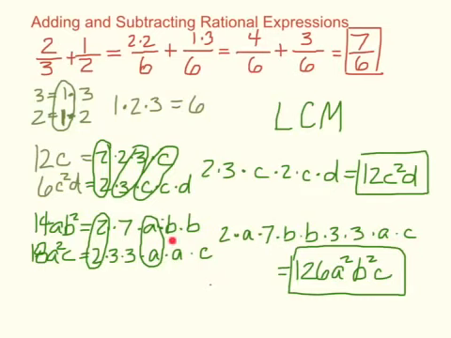So 7 times b times 3 times 3 times a times c, and those are all right there. If I multiply all this out, 2 times 7 times 3 times 3 is 126. A times a is a squared. B times b is b squared. And then the c just comes down. So my least common multiple is 126a squared b squared c.